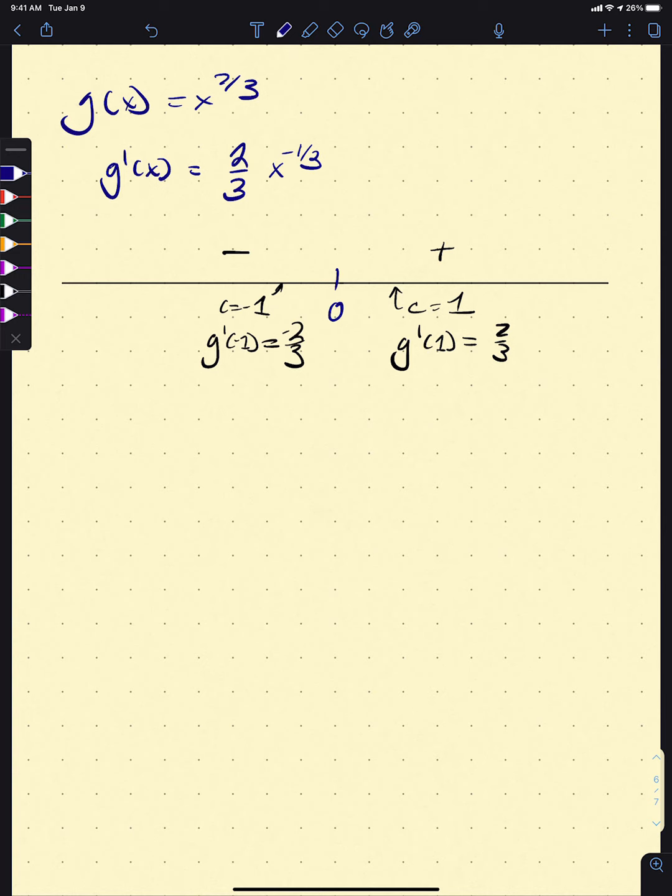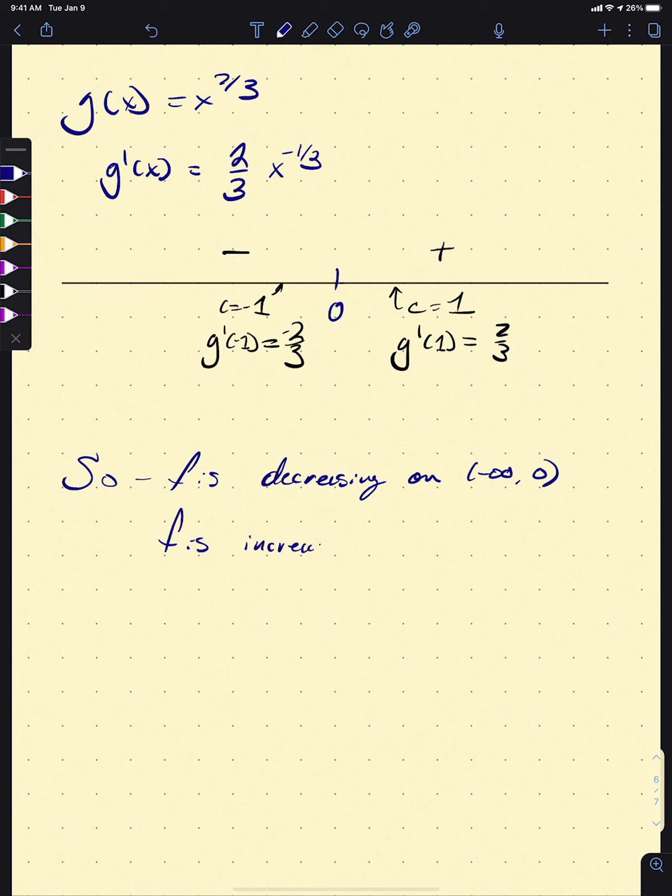And so that's going to tell us what? That f is decreasing on -infinity to 0, and f is increasing on 0 to infinity, right?